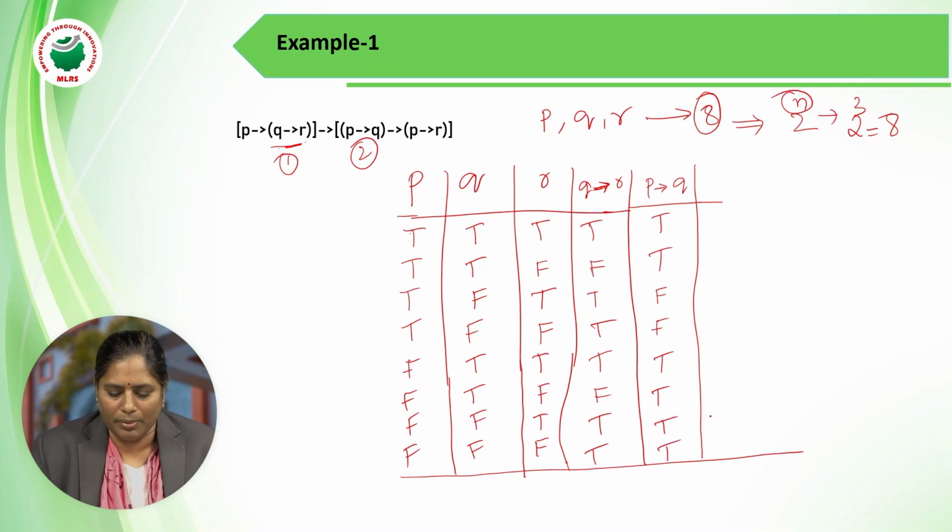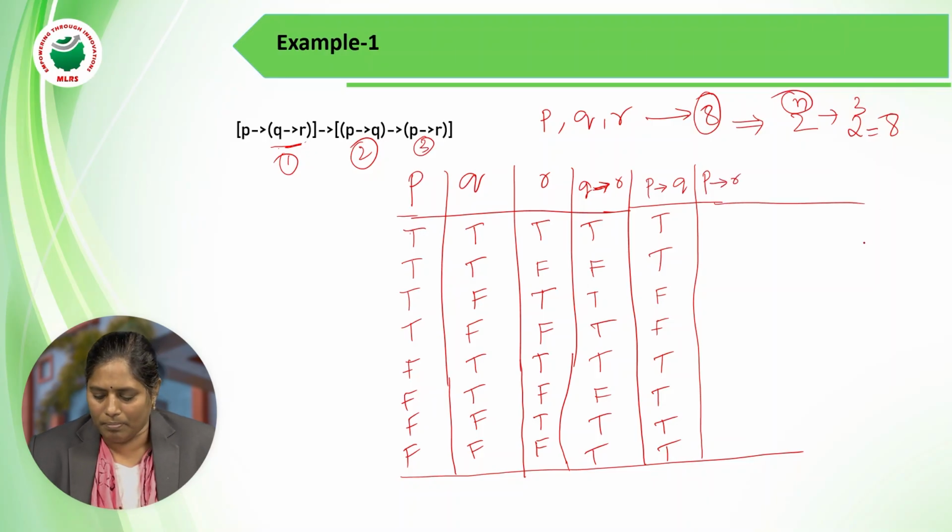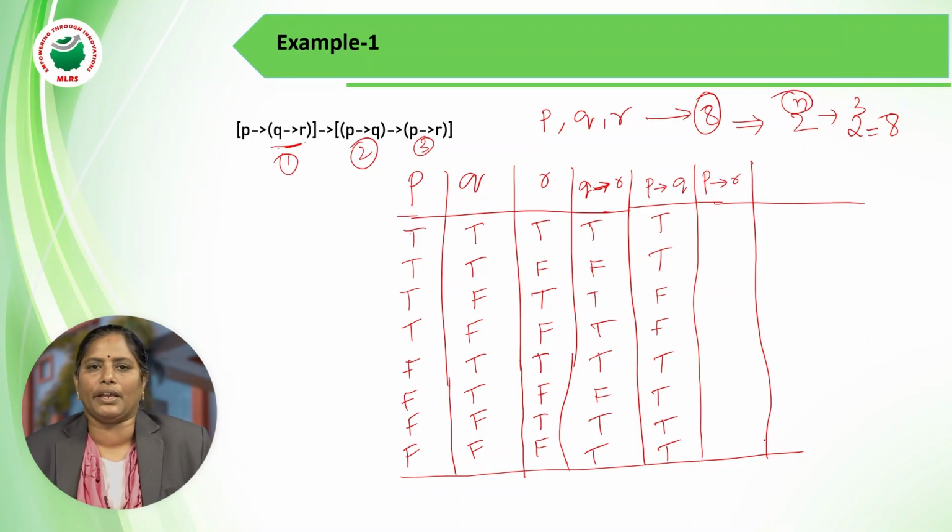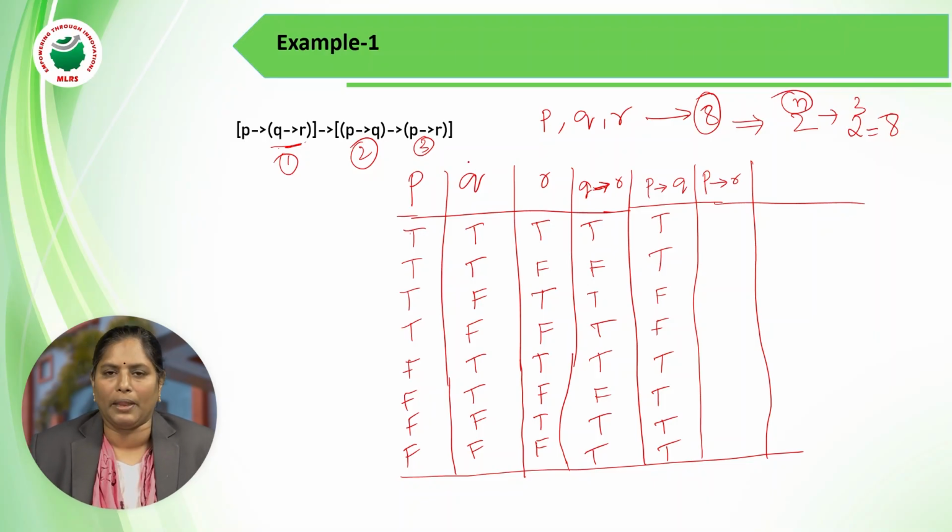Next, the third statement I am taking is P implies R. Again apply implication on the first column and the third column. Why? Because P represents the values in the first column and R represents the values in the third column.